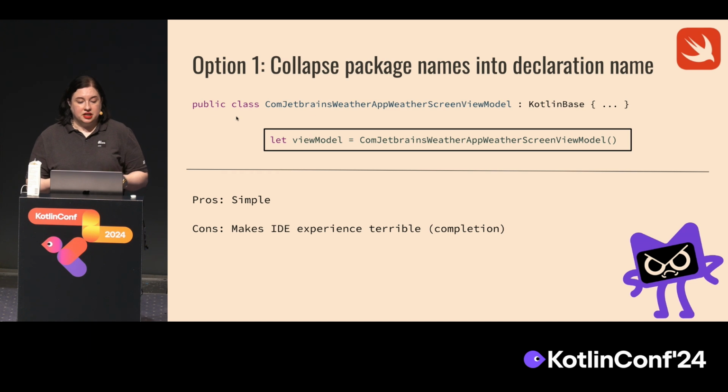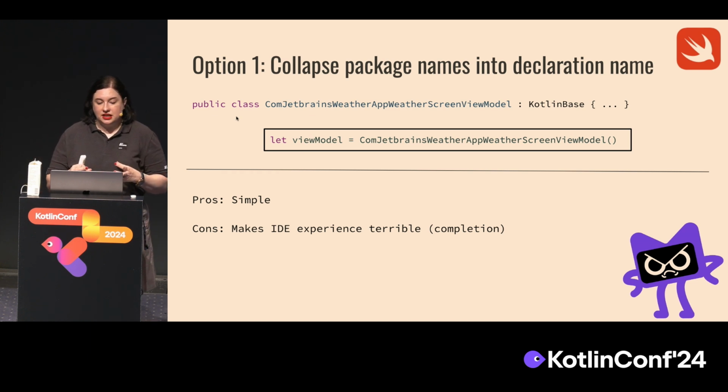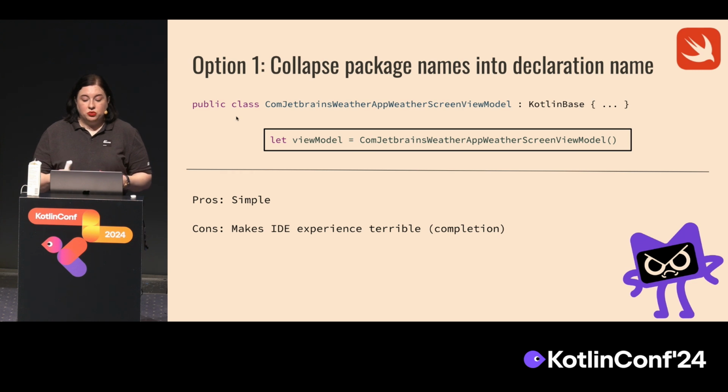So here, if we want to evaluate the options of what we could possibly do, as option 1, we could provide a package-like namespacing in Swift, where we actually collapse or merge the package name into the declaration name. So as you can see here, weather screen view model becomes com JetBrains weather app weather screen view model.